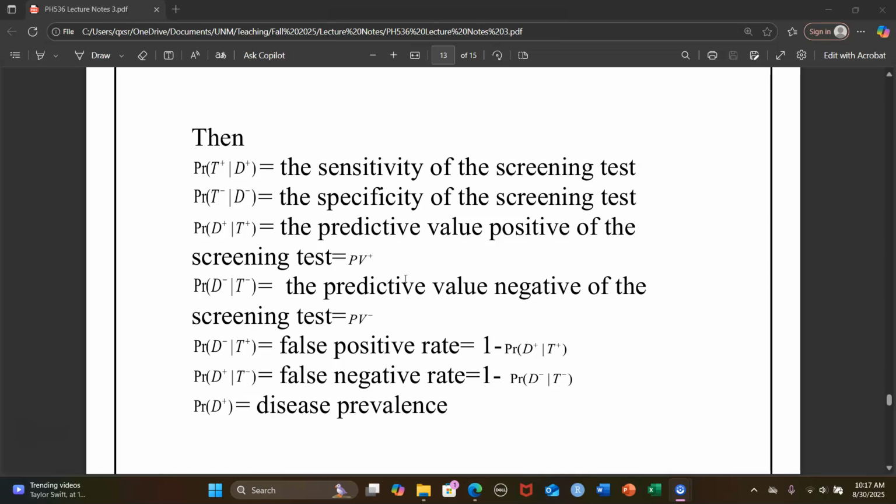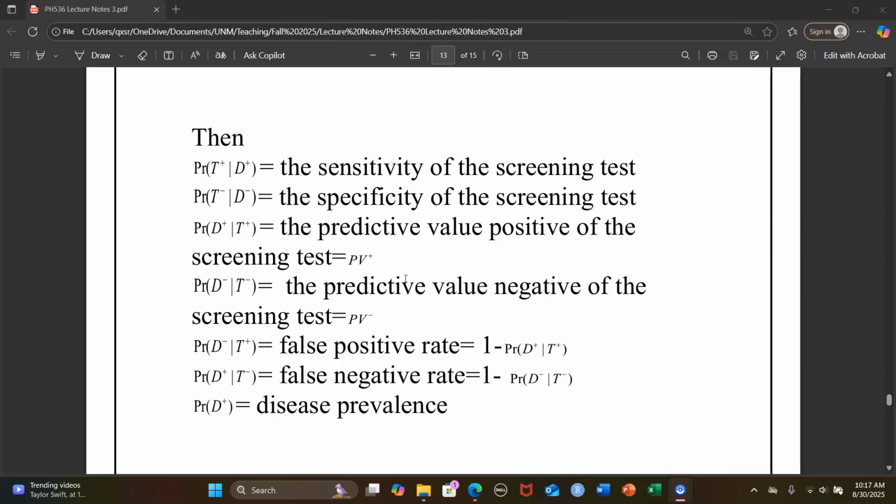And we can also look at probability of D minus given T plus. So given the test positive, what is the probability that it's actually not a disease case? This is called the false positive rate, and it is 1 minus the predictive value positive.